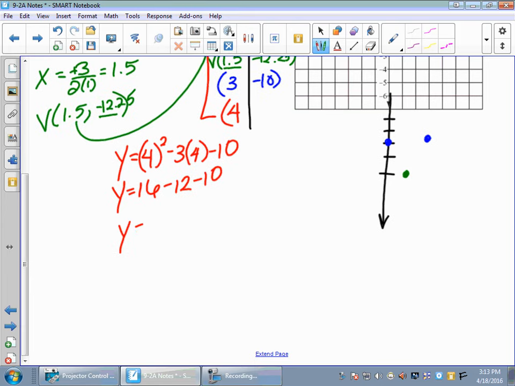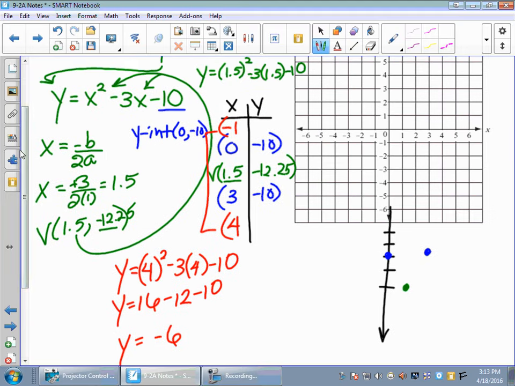And when you calculate all of that, 16 minus 12 is 4. 4 minus 10 is -6. And so what I got here is 4 gives me -6. 1, 2, 3, 4, 5, 6. And -1 gives me -6. So you can see it's going to be a ways away before I cross that x-axis. So I might need to go out even further a little bit.